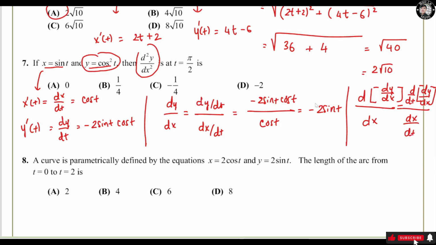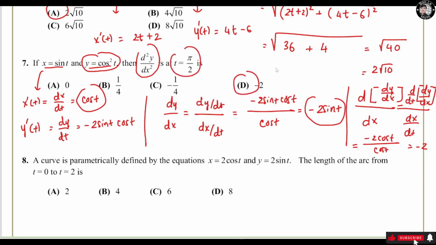Now take the derivative of this one with respect to t. So it's going to be negative 2 cosine t. Now the bottom, the derivative of x with respect to t, so it can be right here, cosine t. So the answer is negative 2, right? In this situation, we don't need to use this value, right? So the answer must be D.